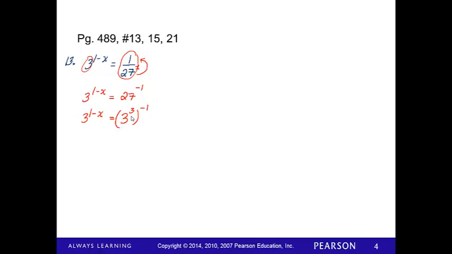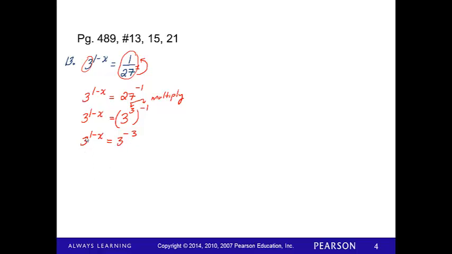What about 3 raised to the third power? 3 raised to the third power is the same as saying 27. And then don't forget you have the negative 1 on the outside. And then recall that when we have power to power, you must multiply. So you have 3 to the 1 minus x power equals 3 to the negative 3 power.